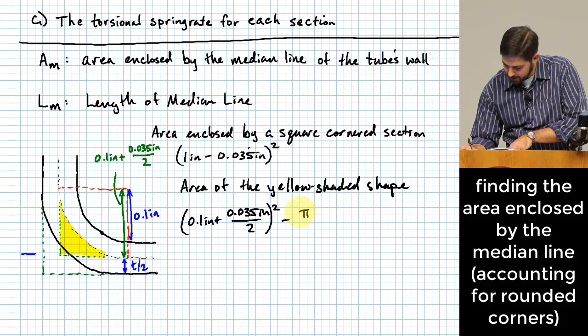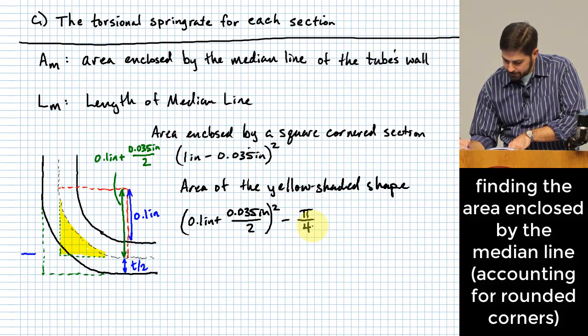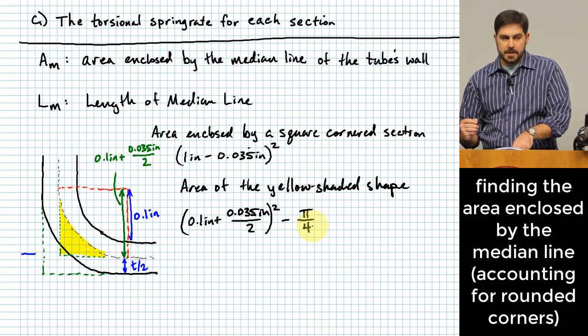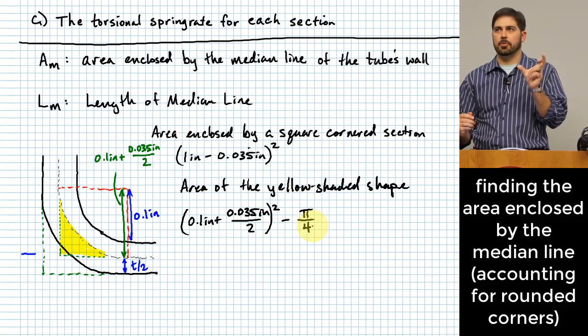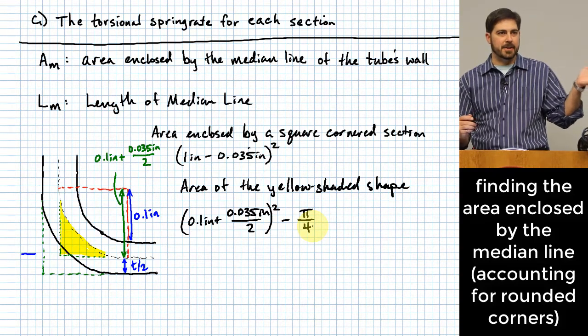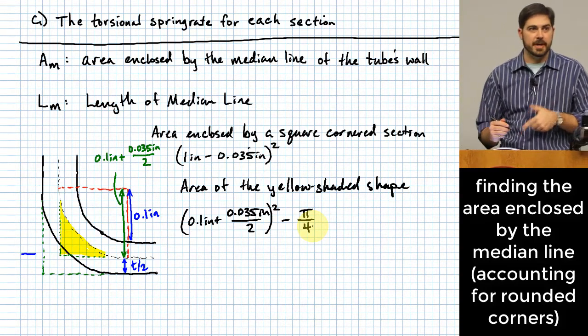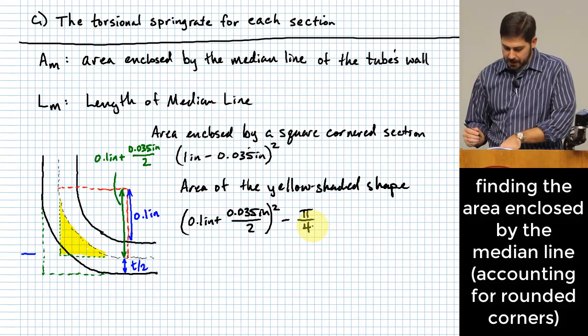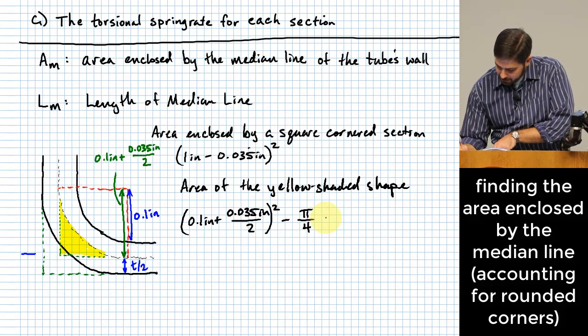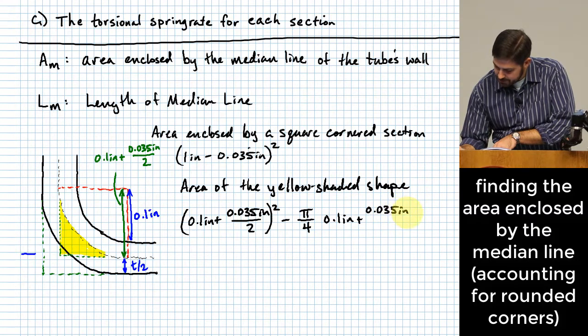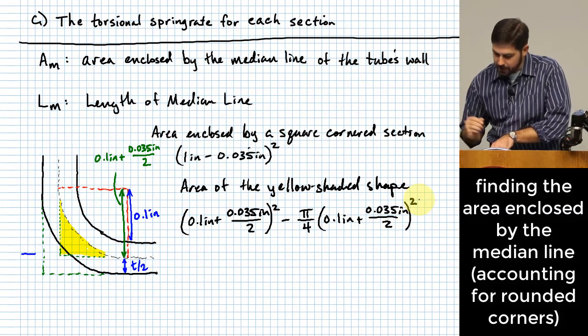Pi, divided by 4, because I only have a quarter of the circle. Be careful there. I'm not dividing by 4 because it's the diameter form of the area. I need the radius, right? And I'm dividing by 4 because it's only a quarter circle. And then I take that radius value, which is 0.1 inch plus 0.035 inches over 2, squared.